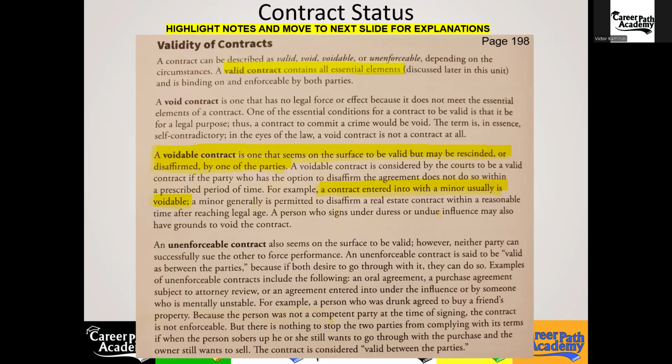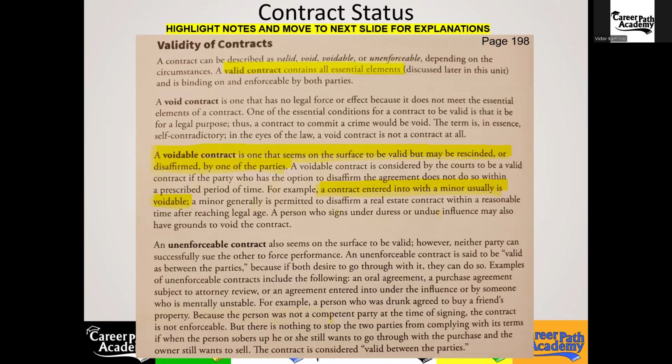An example of this would be two people who get into a contract, where one agrees to buy the other's property. However, they were both drunk out of their minds when they signed the contract, or they were high or something. Neither party was competent at the time that they signed.